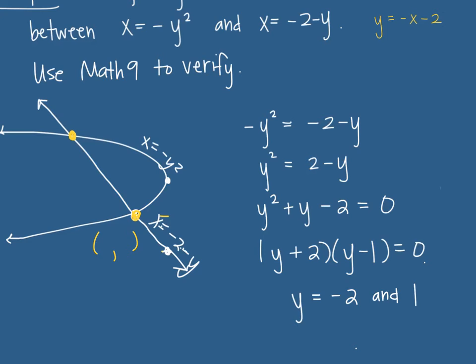Something, comma, negative 2. What did I do? Oh, I forgot to change the sign. Thank you. I didn't change it here.